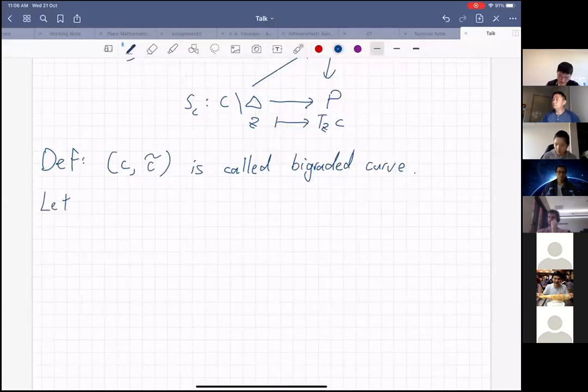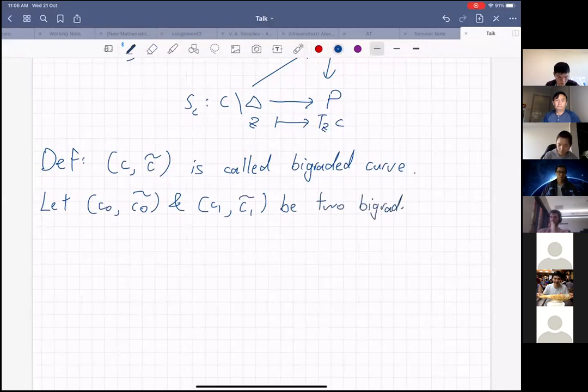So now we want to consider two different bigraded curves. We want to look at their intersection. So let Z be in this intersection, but not on the boundary.